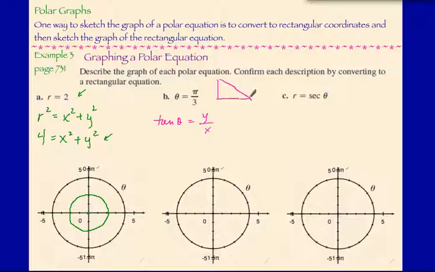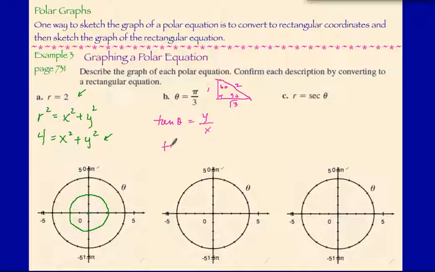So here comes my little triangle again, a 30, 60, 90 degree triangle. I know that the sides are: opposite the small side, 1; hypotenuse, 2; and square root of 3. I'm looking for the tangent of theta, which is opposite over adjacent, so tangent of 60 degrees is square root of 3 over 1.